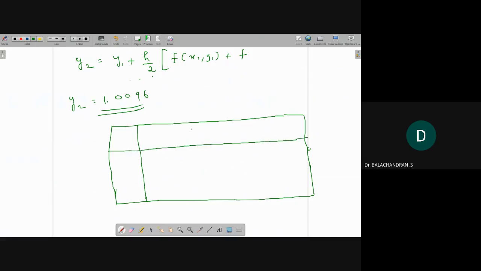Here you should write Euler's method, and split it like this: simple Euler method, and then improved Euler method. Here is the x value, 4.1, 4.2, and here you should write the corresponding y value for each method.